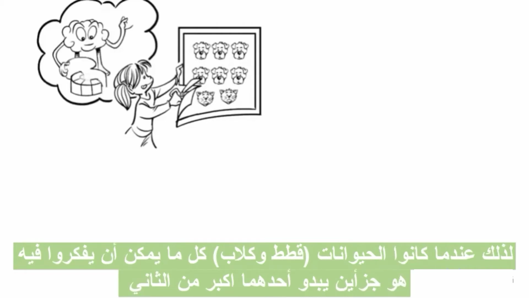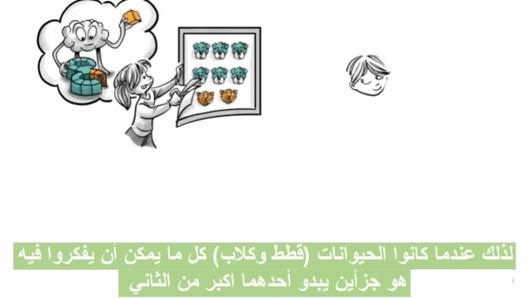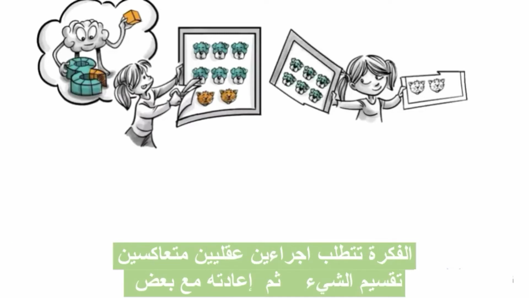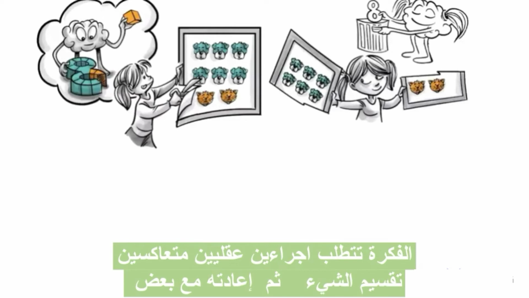They have not yet constructed the concept of 8 without thinking of it as a sum of its parts. So when they divide the animals into cats and dogs, all they can think of are 2 parts of which one looks larger. The idea of 8 is then forgotten.